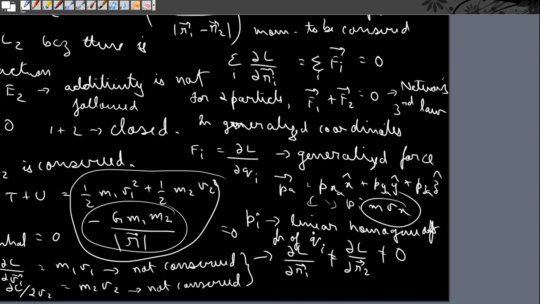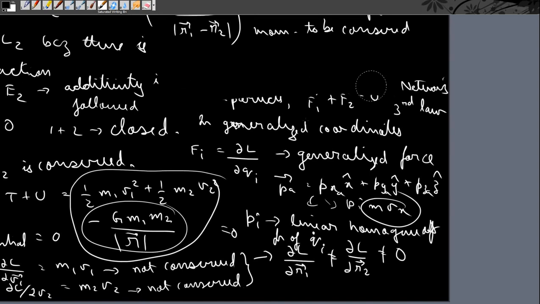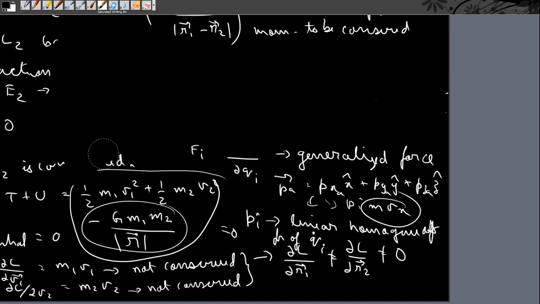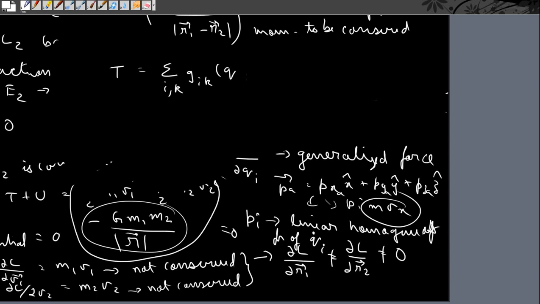So to be more precise, let us consider some example. If you consider our T in our generalized coordinates, we already had seen that it is of the form g_ik, some function of the generalized position vector, which is basically all the q_i's, times q_i dot, q_k dot.